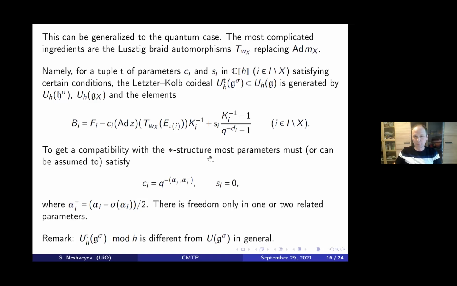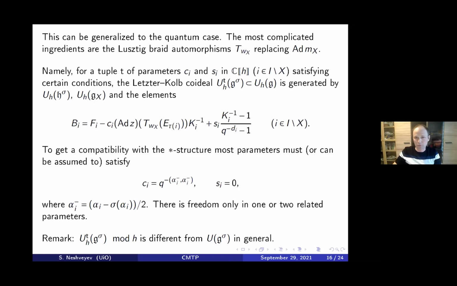But if you require compatibility with the star structure, and this should sort of correspond to quantization of a really compact space, then you have tons of restrictions on all of these parameters. And in fact, in the simplest case, there is always either one parameter which you can take, or you have two related parameters which you can take. So you really have a one parameter family of coideals, which is kind of what you want to see, because if you remember, we have a one parameter family of Poisson structures.